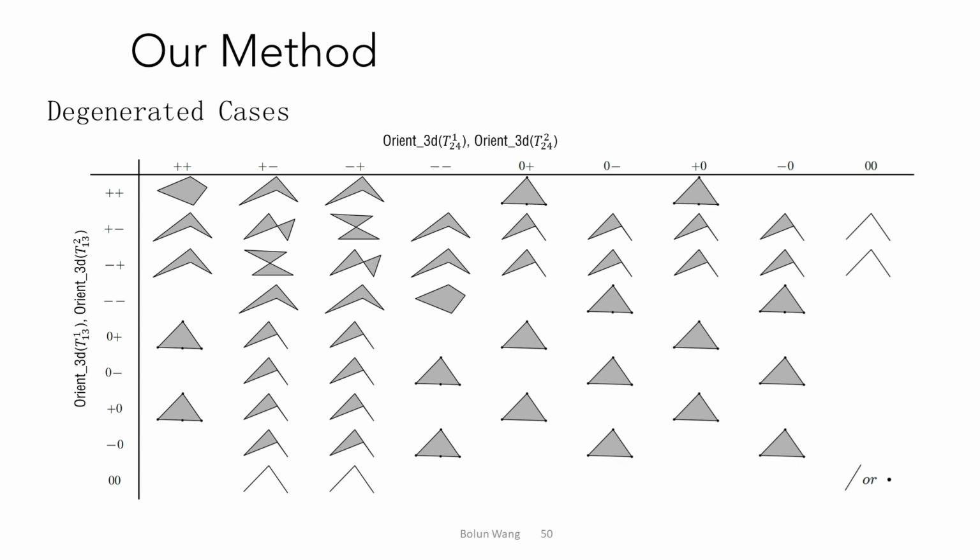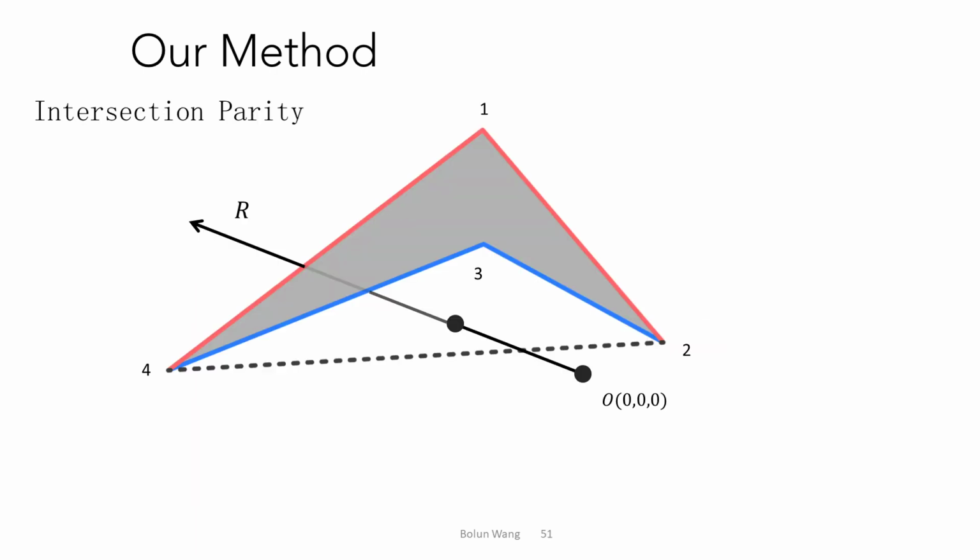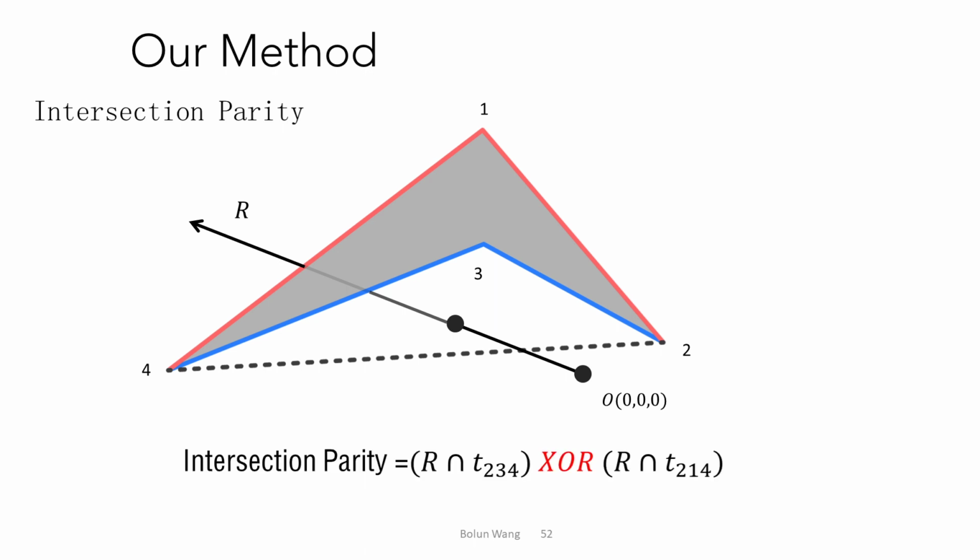This figure contains all the possible degenerate cases of a bilinear patch. The horizontal and vertical axes display the orientations of the 4 tetrahedrons. To count the intersection parity between a ray and a bilinear patch, we can simply use an XOR detector.